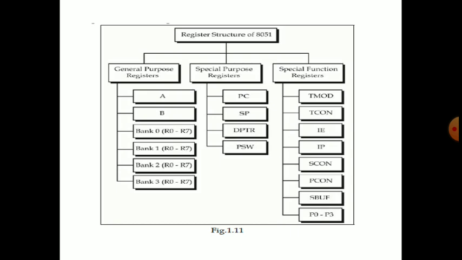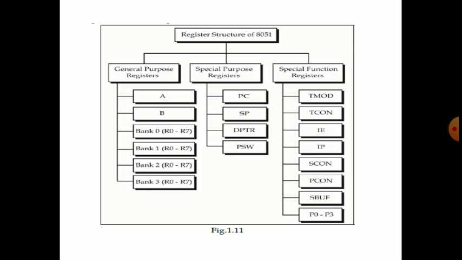Okay, I hope everyone has drawn this tree diagram. Now just look at the diagram, that is the register structure of 8051. At the top, it is classified into general purpose registers, special purpose registers, and special function registers. In general purpose registers, we have the A register, accumulator, the B register, and register banks.